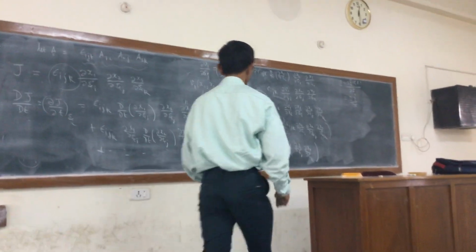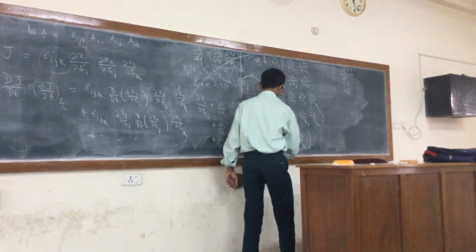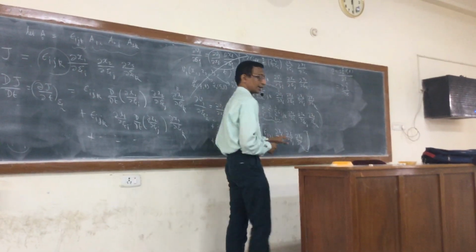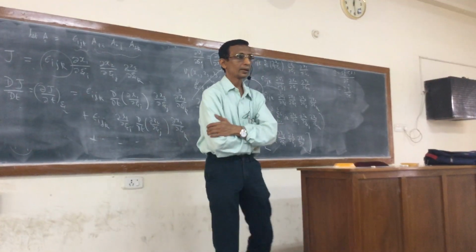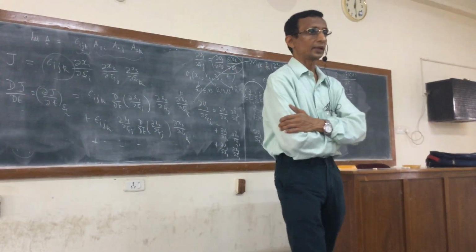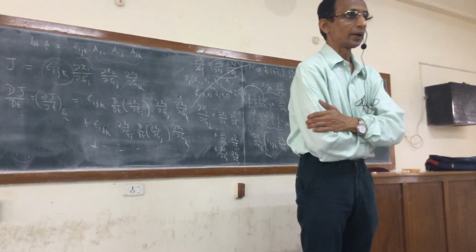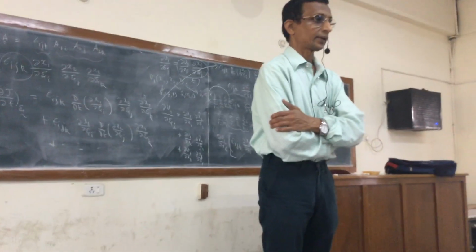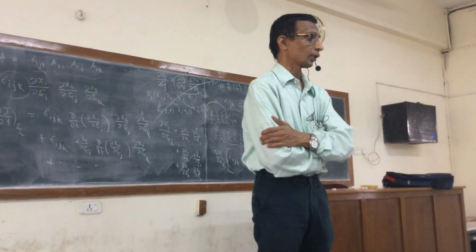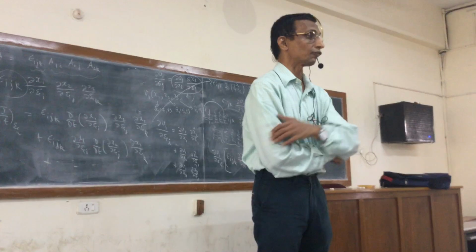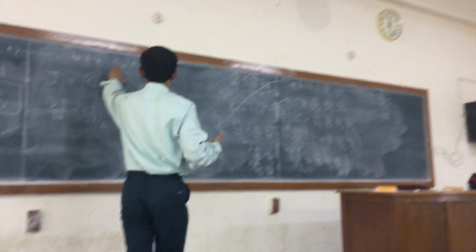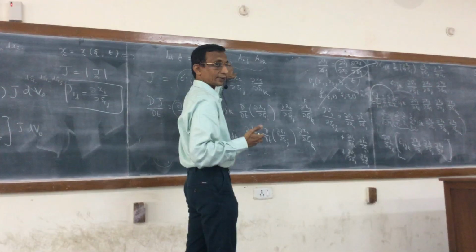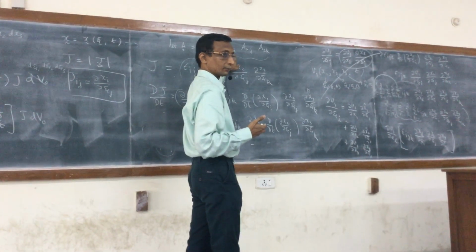What can you say about this group of terms, epsilon ijk times dxl by d psi i times dx2 by d psi j times dx3 by d psi k? What is the determinant? Determinant of which matrix? It certainly expresses a determinant. That much you can see.